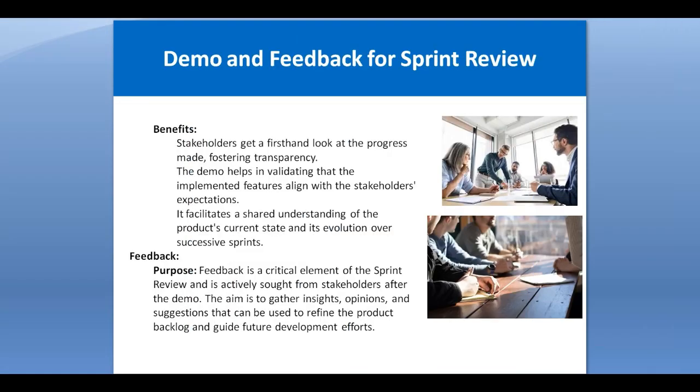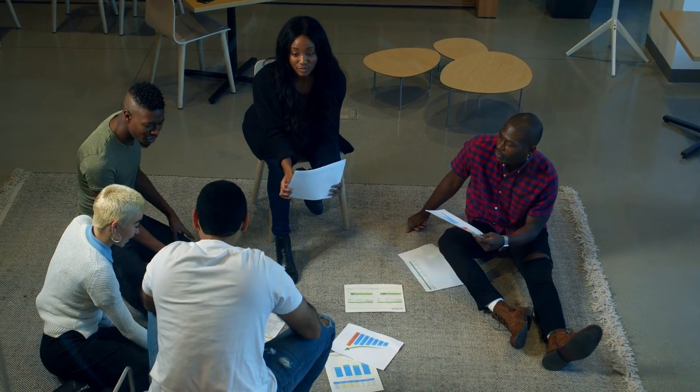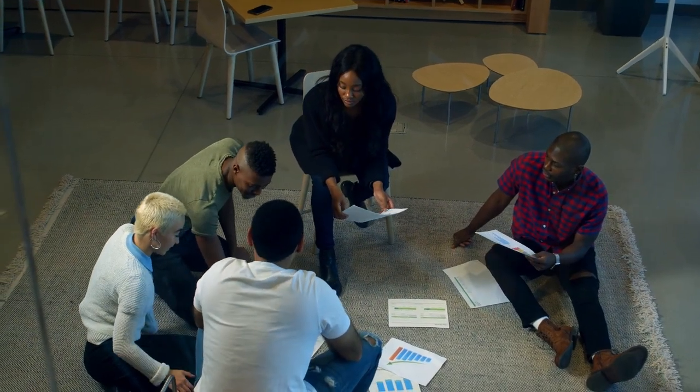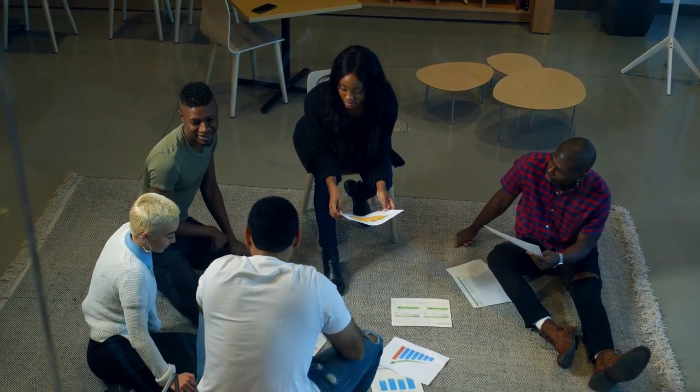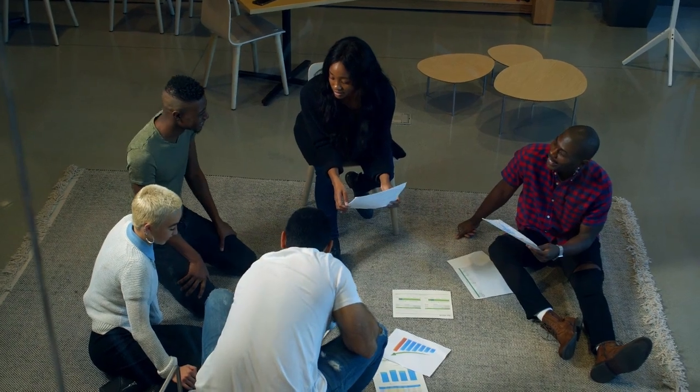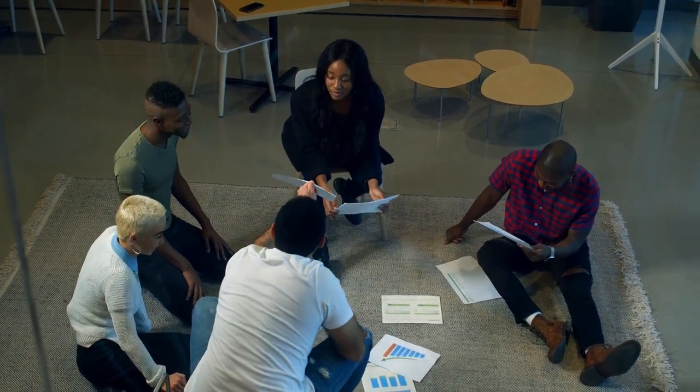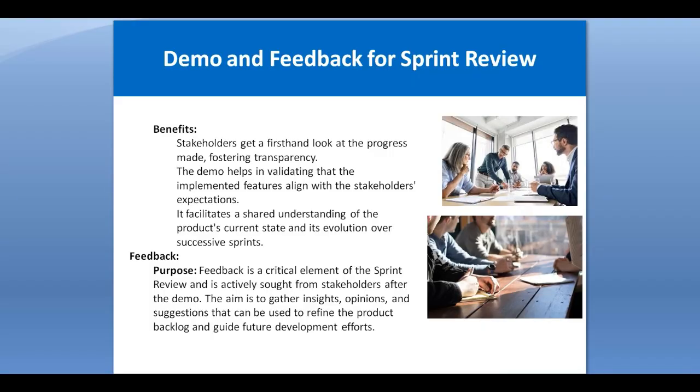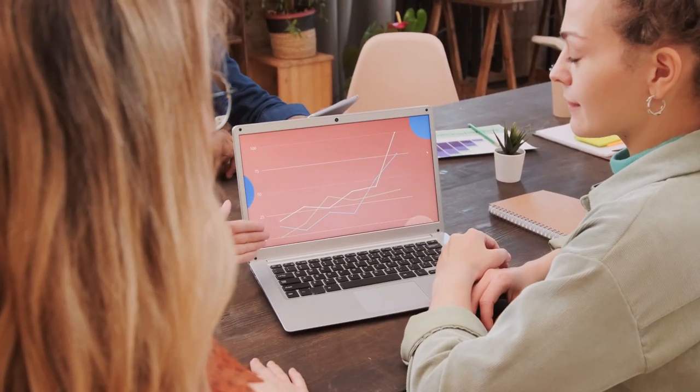Now the feedback. Friend, feedback is a critical element of the sprint review and is actively sought from stakeholders after the demonstration. The aim is to gather insights, opinions, and suggestions that can be used to refine the product backlog and guide future development efforts.